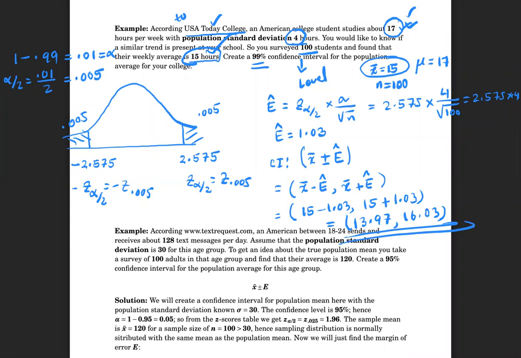So based on your calculation, students at your school study on the average between 13.97 and 16.03 hours per week. And how confident are you in your calculation? You are 99% confident. At this confidence level, you kind of say that students at our school probably study a little less than 17 hours, because 17 is not included in the interval that you have created.